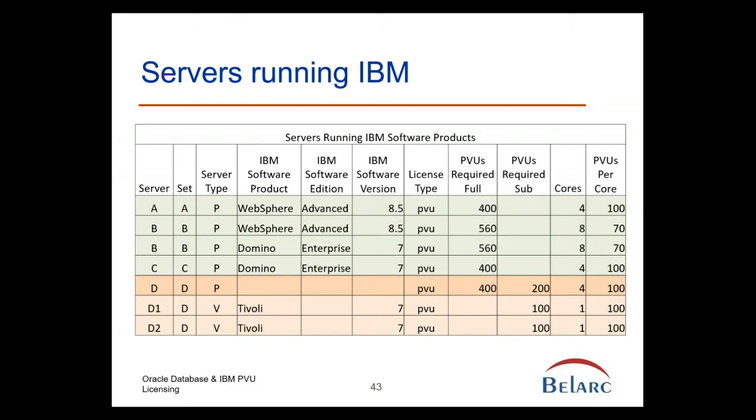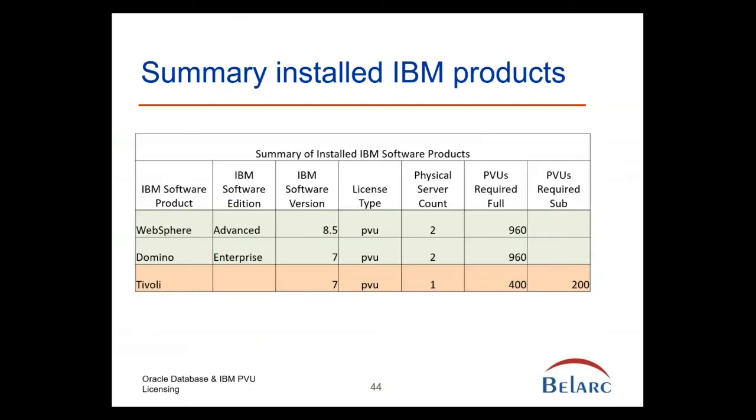Then on the third row from the bottom, the physical host for those virtual machines, we see that it has 4 physical cores. This gives us a result of 400 for full capacity licensing, but by subcapacity, it's only 200. So we can see that if we're able to apply subcapacity licensing, the number of licenses that we require will be fewer.